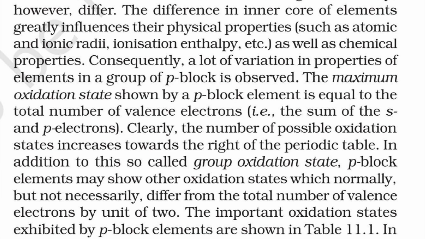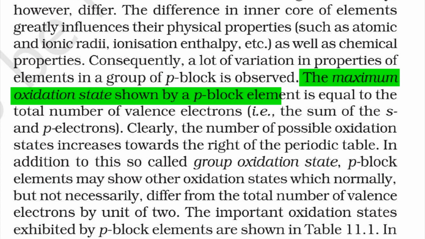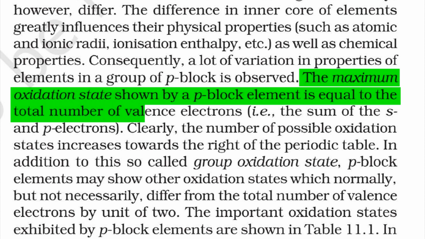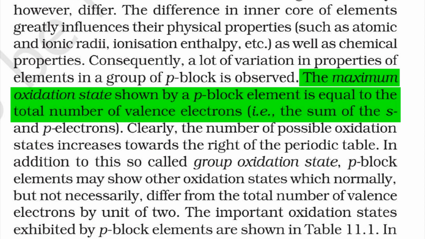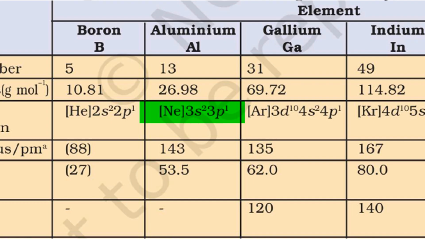Another most important property shown by P block elements is the variable oxidation state in a particular group. The maximum oxidation state shown by P block elements is equal to the total number of valence electrons, that is, the sum of s and p electrons. For example, aluminium has atomic number 13 and its electronic configuration is 1s2, 2s2, 2p6, 3s2 and 3p1, which we can also write as neon 3s2 3p1.